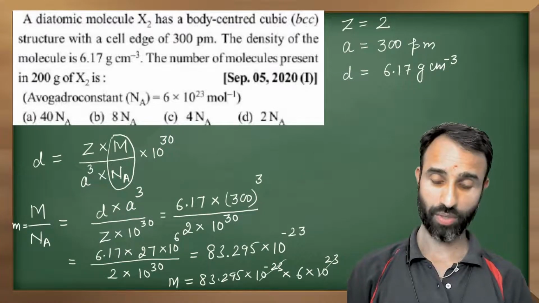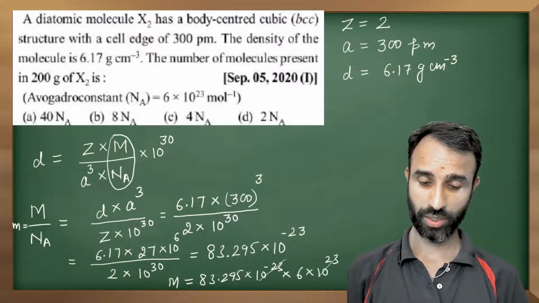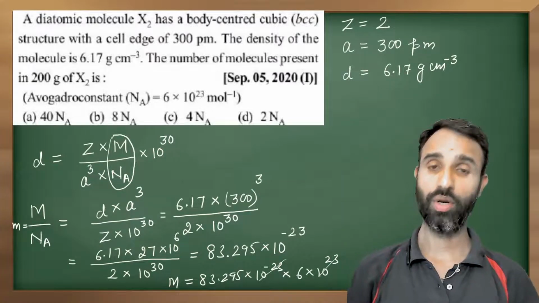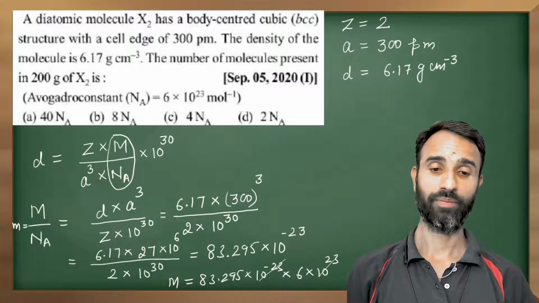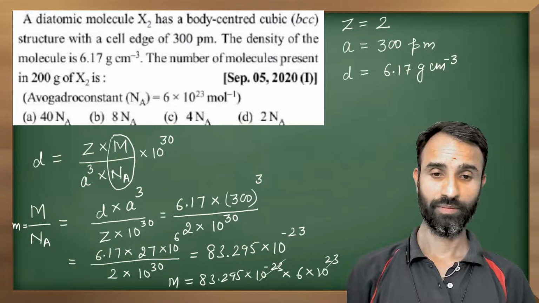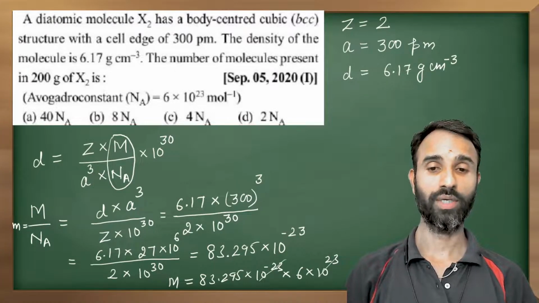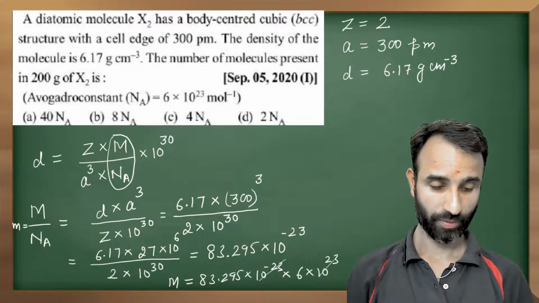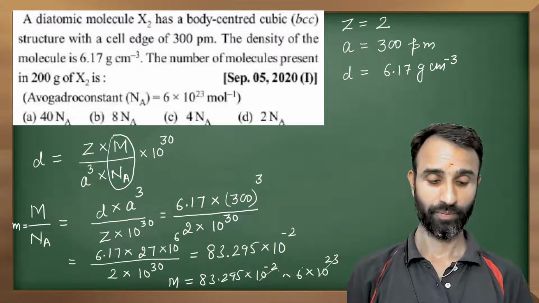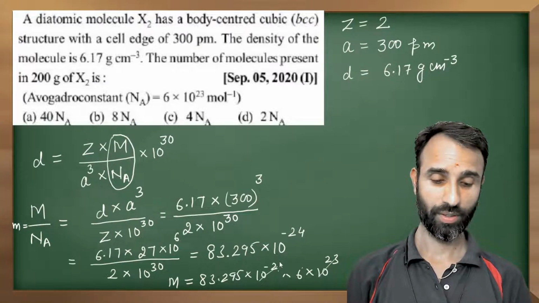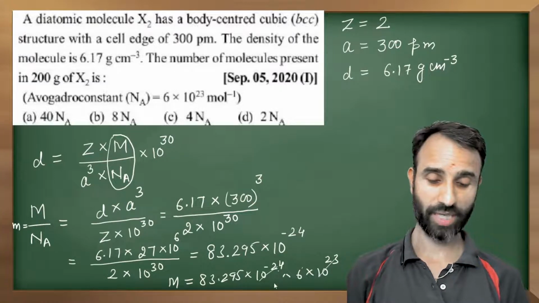So 83.295 into 6 is roundabout 500. Then 6 and 30, oh, it is minus 24, so it comes out to be 10 to the minus 1.